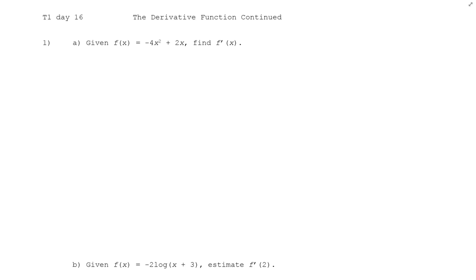And in the last section of work we've done, I might have asked you to evaluate f prime at 2 using the definition of the derivative.